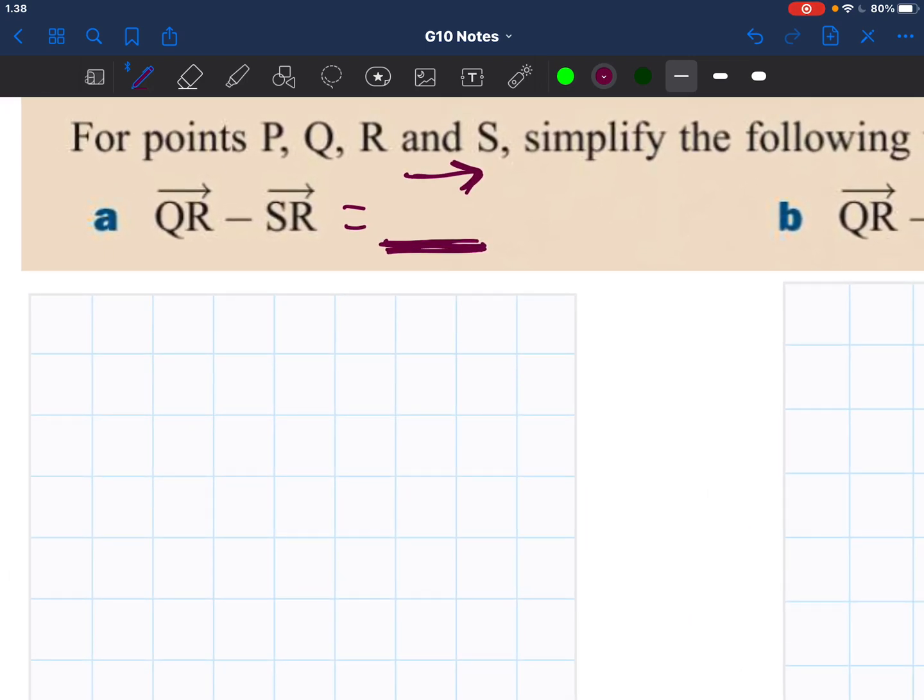So remember what this means, right? That means we are starting at Q, and then we're ending at R. We emanate at Q and then terminate at R. The tail will be on Q and the head will be on R. And then they say minus SR, the vector SR. Remember that subtracting a vector is the same thing as adding the opposite.